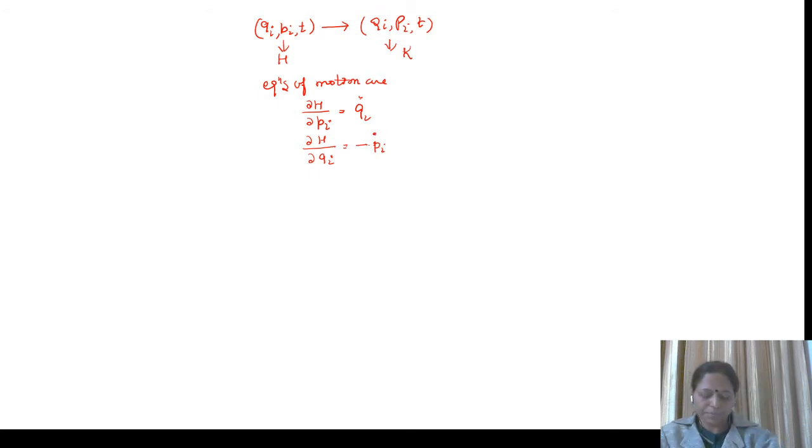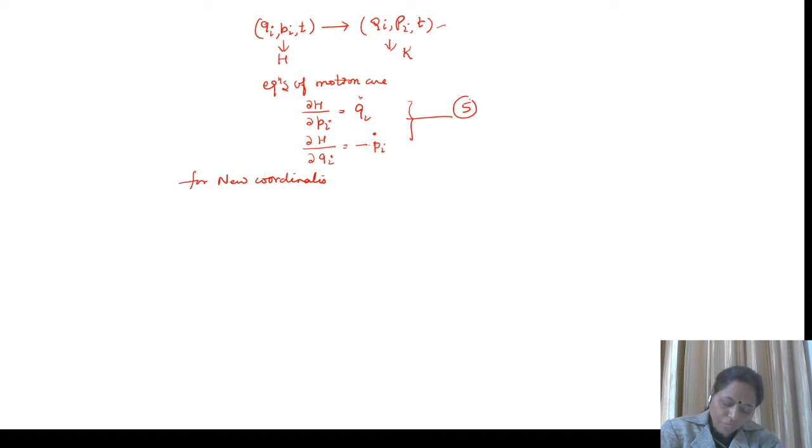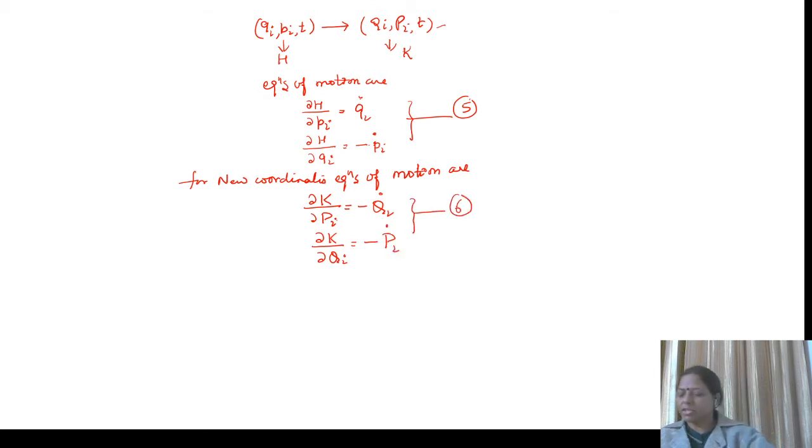These are the equations of motion. Now for the new system, with new coordinates, the equations of motion are delta K by delta capital Pi is Qi dot, and delta K by delta capital Qi is minus Pi dot. These are the relations.